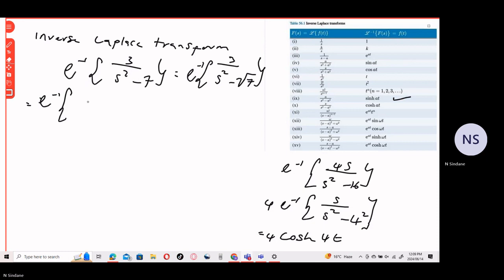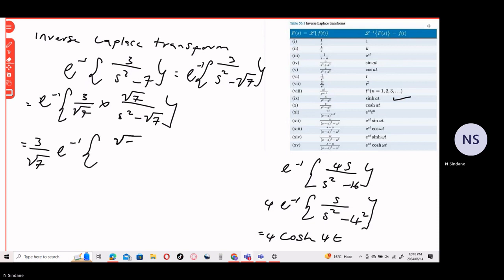I can cross multiply by 3 over square root 7, and then this will be square root 7 over s squared minus square root 7 squared. This and this can cancel, and they bring me back to that. Easy. And then I can take out this 3 over square root 7 outside, and then Laplace inverse of square root 7 over s squared minus square root 7 squared.